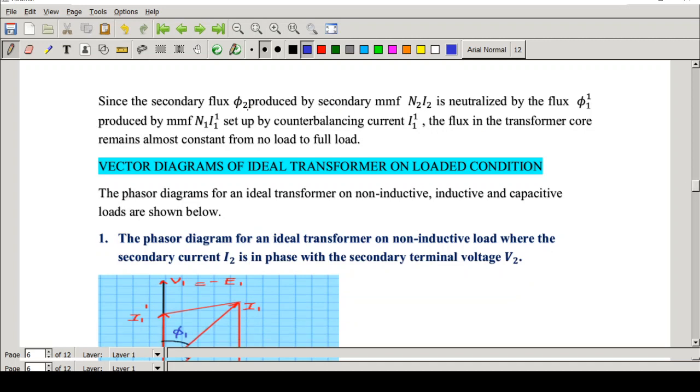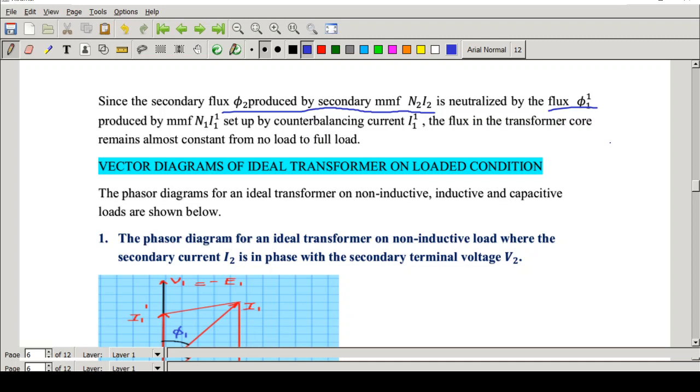So you can see that the flux phi2 which is produced by the secondary MMF N2I2 will be neutralized. The effect of flux phi2 created by the current flowing through the load will be cancelled by the current I1 dash. Okay. You can compare this with the armature reaction in the case of generator as well as the motor. Both the generator and the motor have the same armature reaction concept.